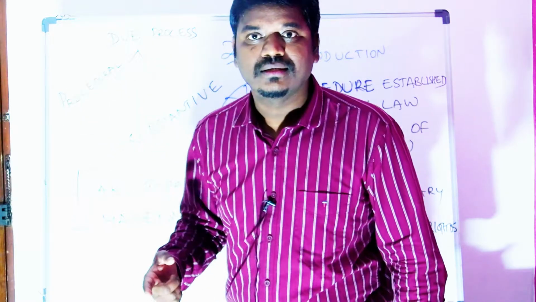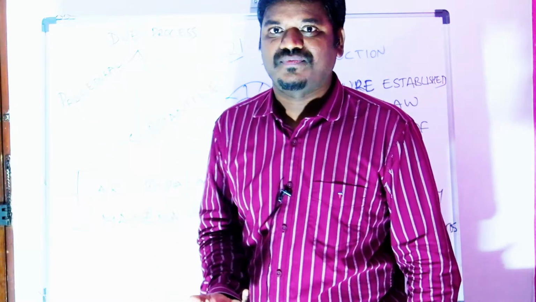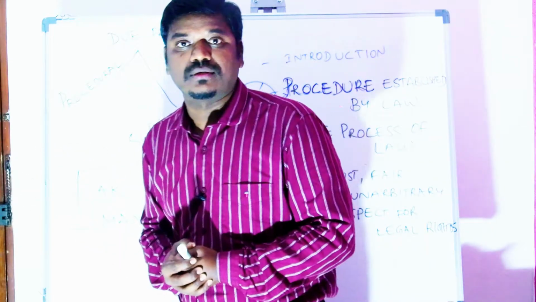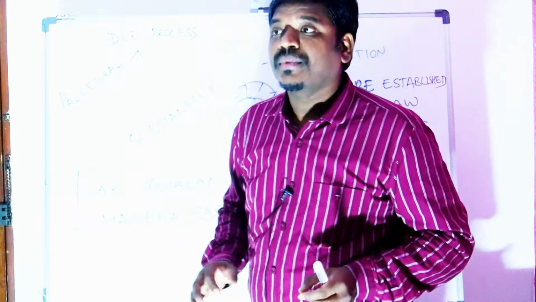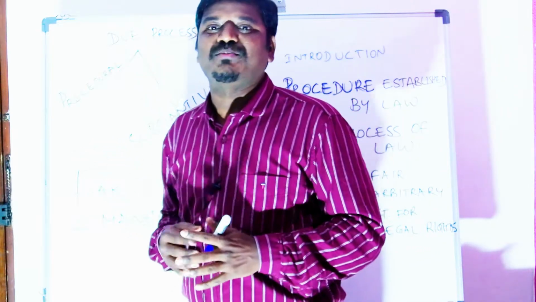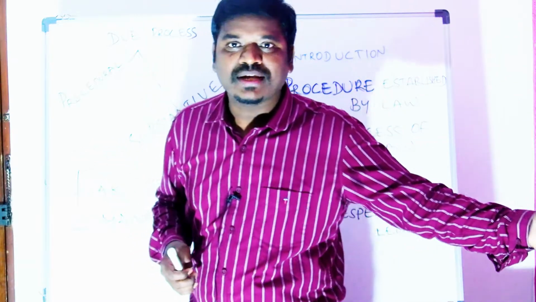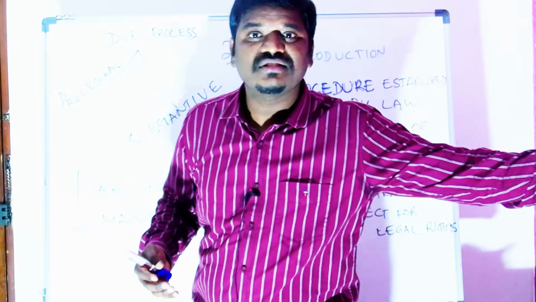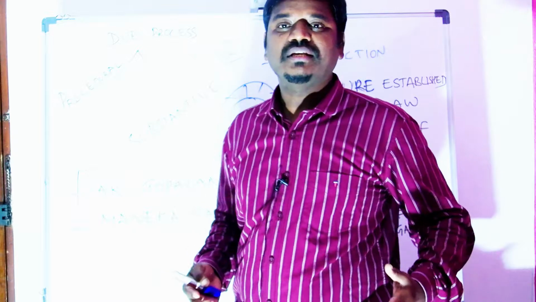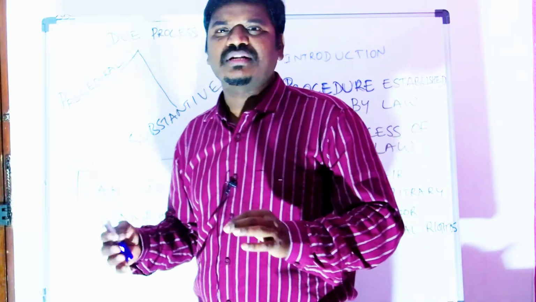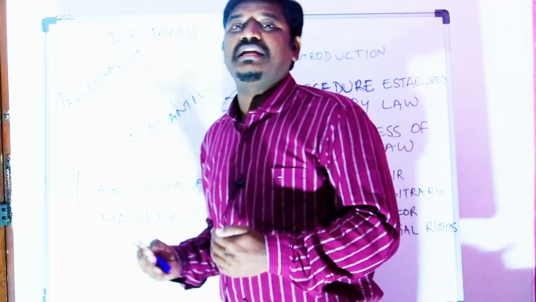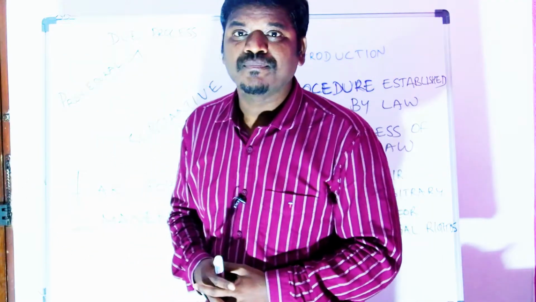What is that? The natural justice. Because we never know what happened to that person. We should hear what is the condition of that person. Was he affected by COVID-19, or has someone died in his family, or is he undergoing some trials and tribulations such that he is not in a position to pay?